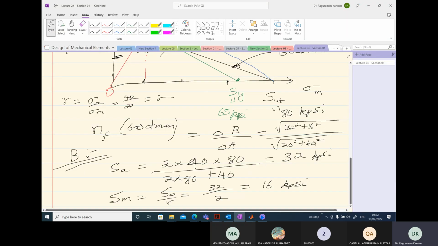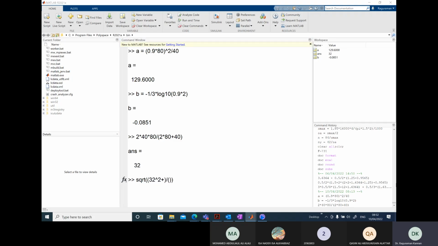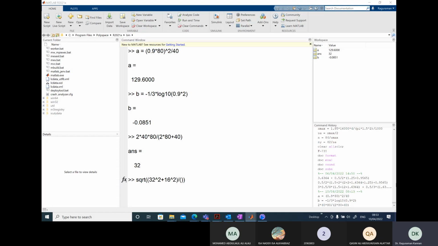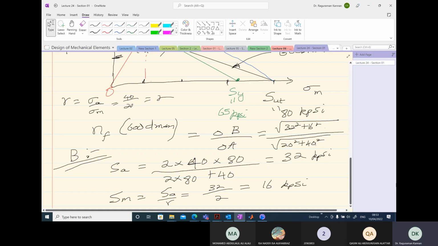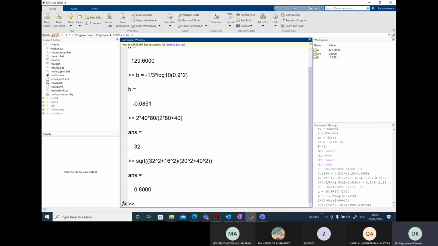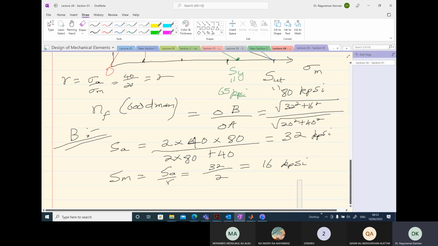In the numerator we have 32 square plus 16 square, in the denominator we have 20 square plus 40 square. So we get 0.8. Obviously the fatigue factor of safety is less than 1.